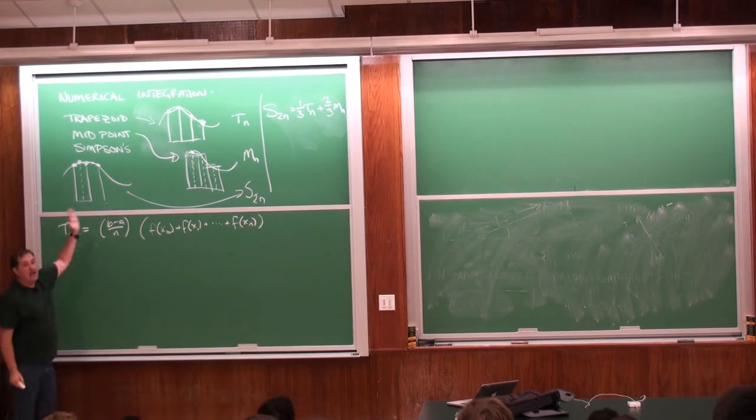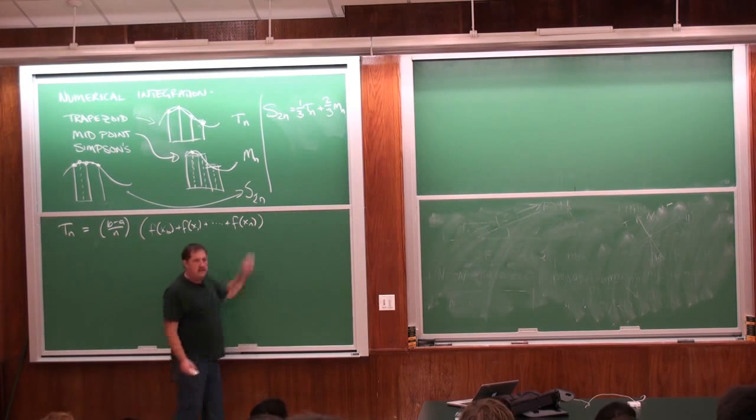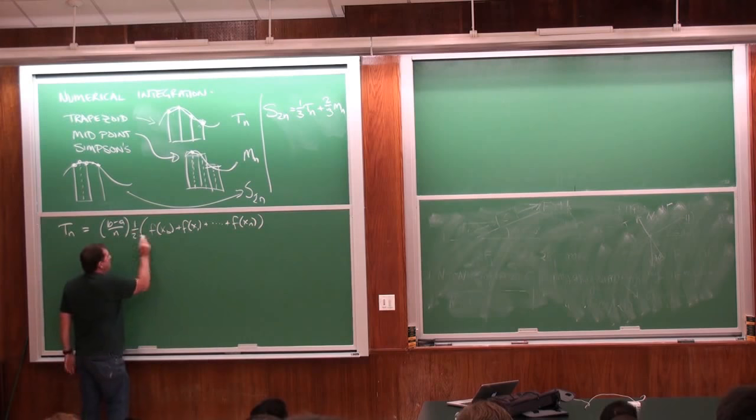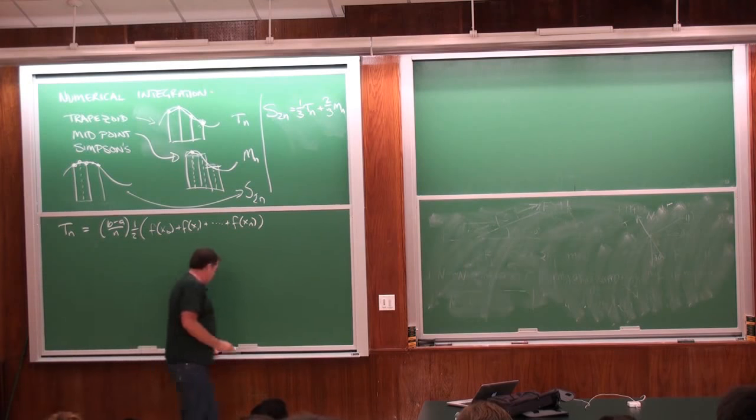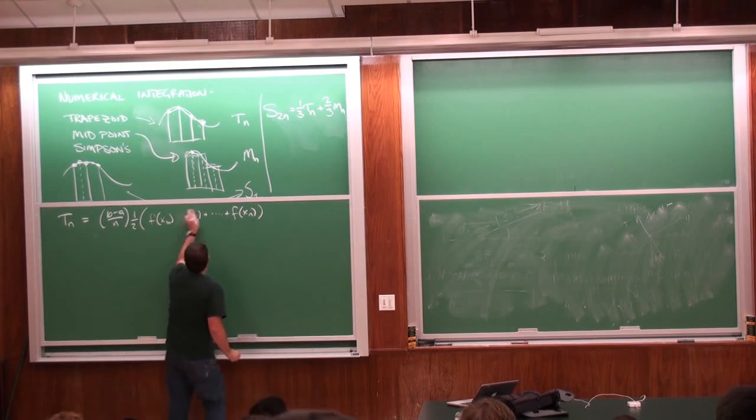These are the heights on the rights and the lefts of each trapezoid, and I'm going to average them, so I have to divide by 2. And I'm sorry, I take twice those, all the ones in the middle.